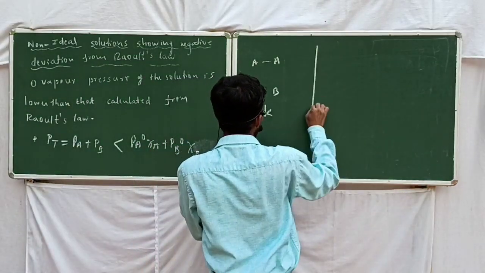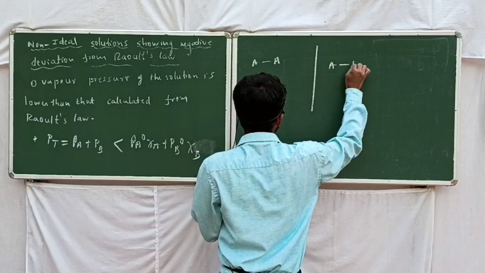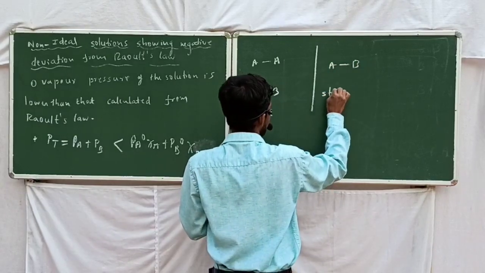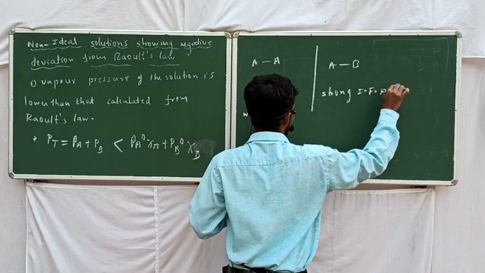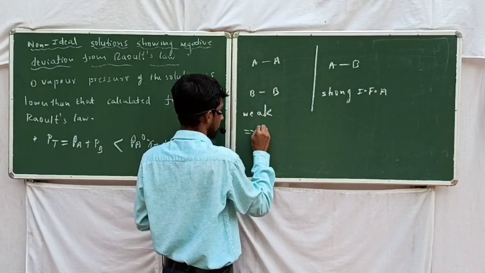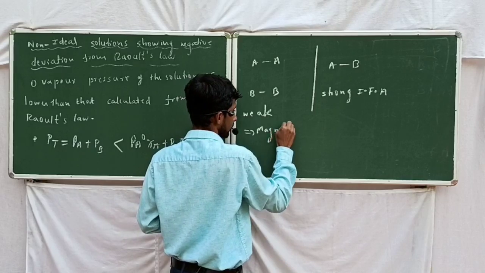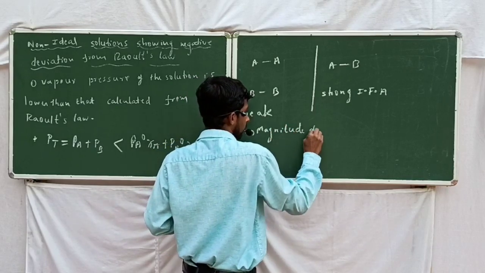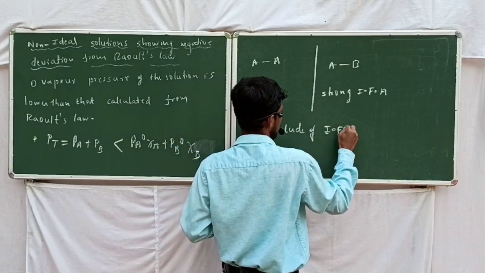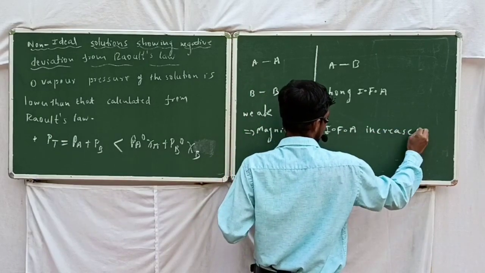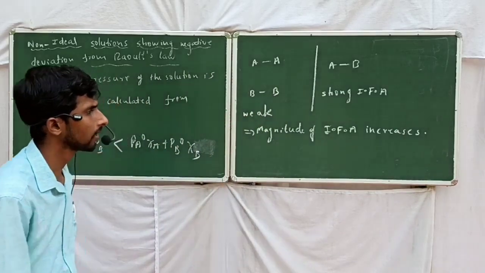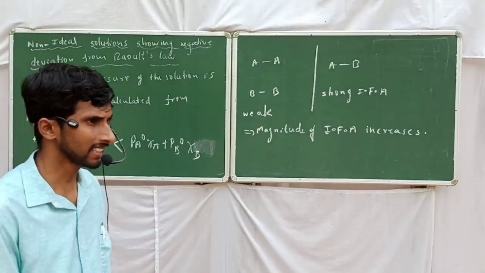Once you mix them, they form a solution. In the solution, they have strong intermolecular forces of attraction. So we can write that the magnitude of intermolecular forces of attraction increases.